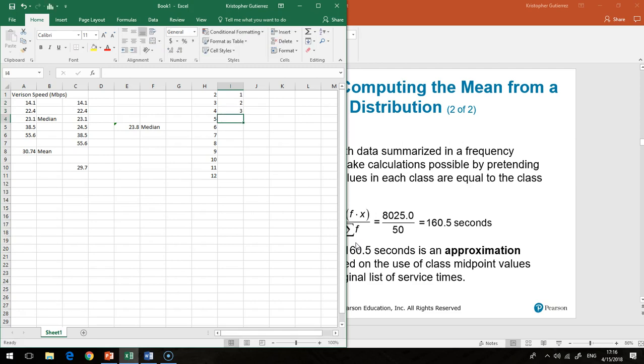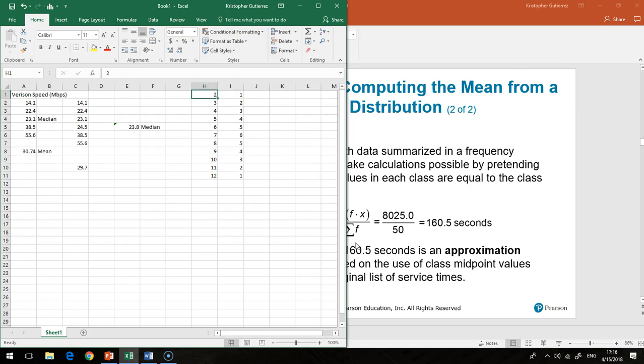This would be 3, 4, 5, 6. So 1, 2, 3, 4, 5, 6, 5, 4, 3, 2, and 1. Because again, we just have one way we can do 12.